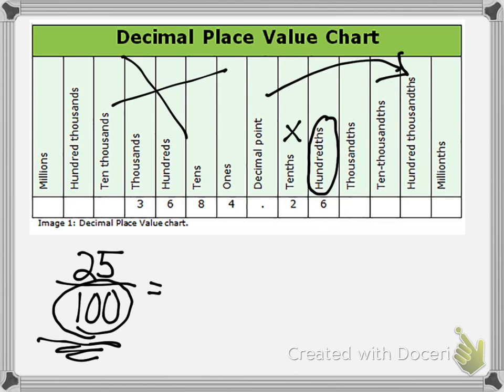So what is 25 hundredths equal to as a decimal? We have no whole. Here's our decimal. The 2 is in the tenths, and the 5 is in the hundredths place. So the converted decimal of 25 hundredths is 0.25.